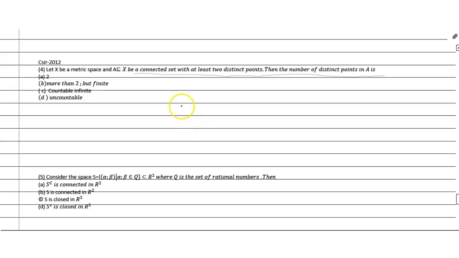X is a metric space and A is a subset of X where A is connected, and it is also given that there are at least two distinct points, so |A| is greater than or equal to 2.